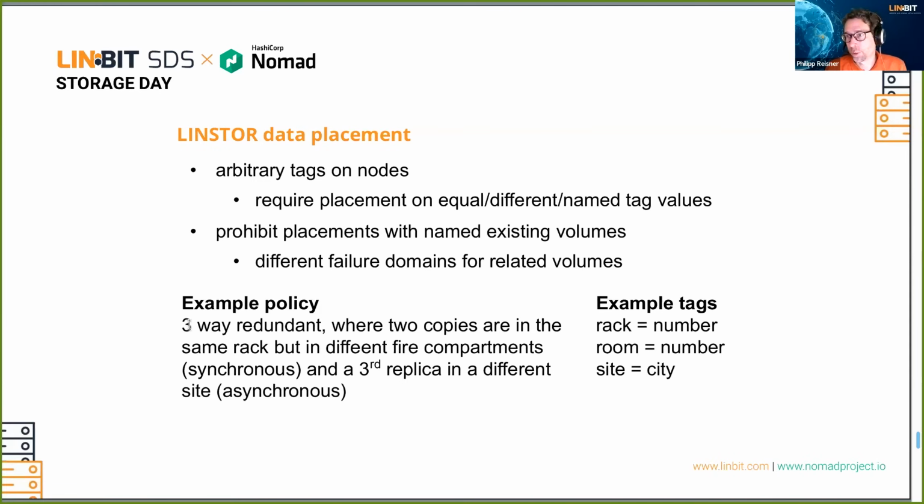And the 3rd copy should be in another room, for example. And these aux properties, they're really user-defined. So it's up in your hands if you label racks and rooms, or if you label chassis, or whatever type of label you use.